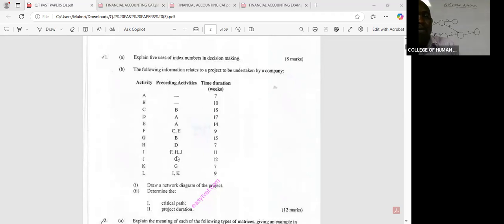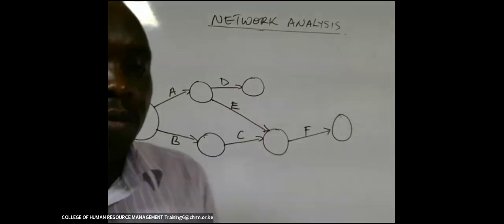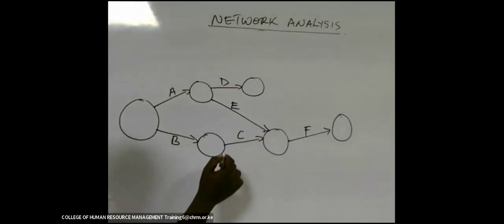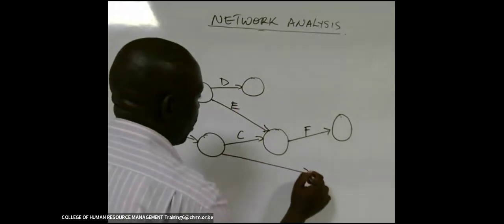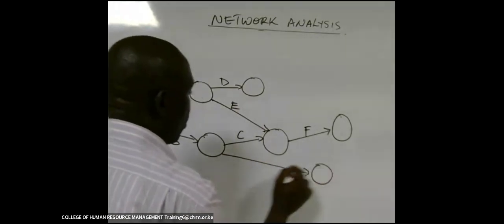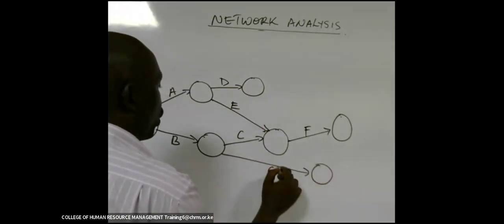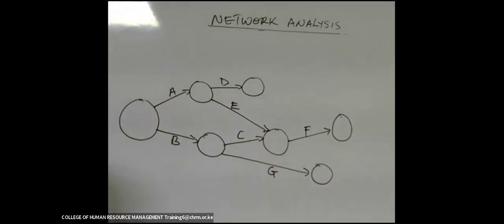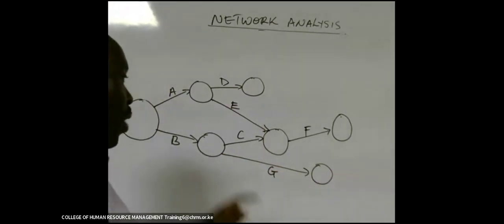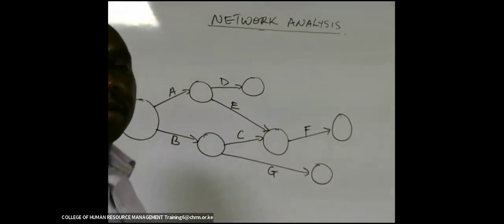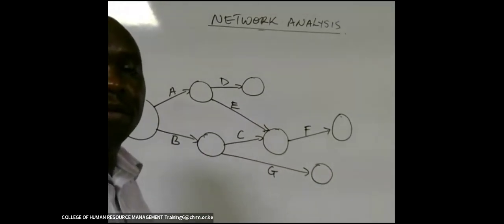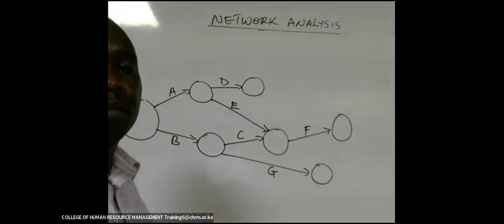So it will simply start from B and it will be alone. It will start from B like that. That is our activity G, from where B came to an end. G is sorted.